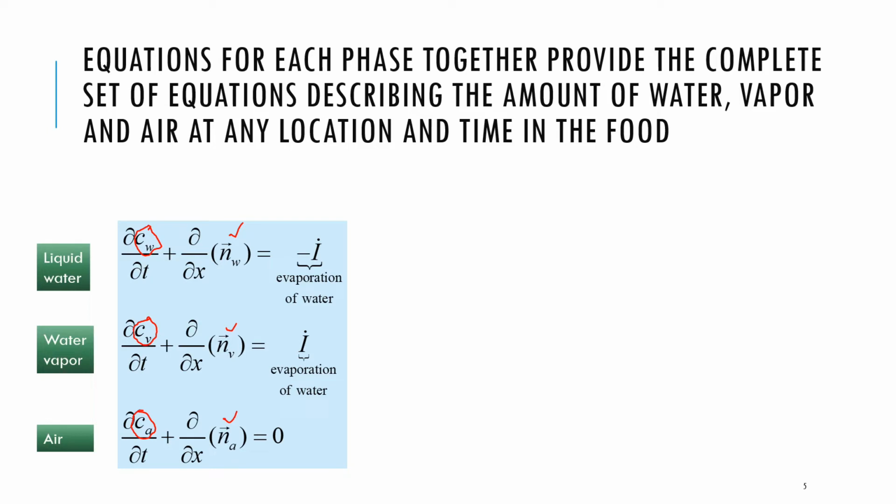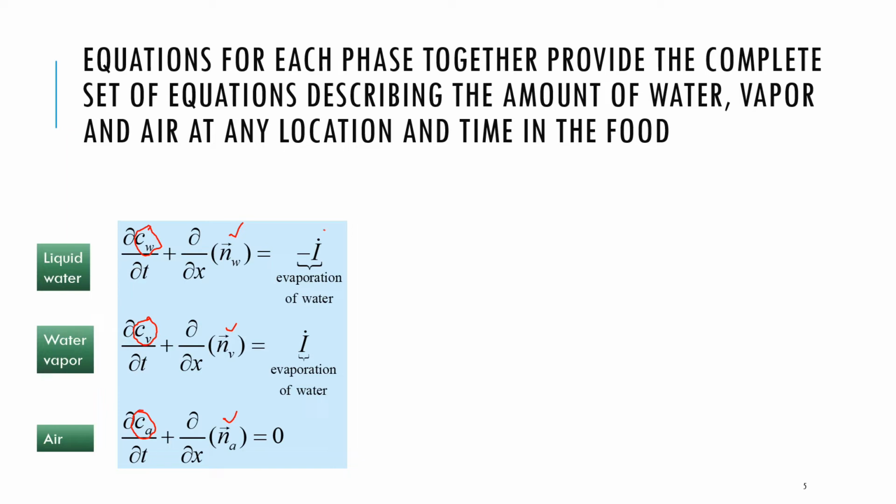These fluxes include diffusive and convective as present. We are keeping them implicit now because for each one of these phases the mechanisms are different. We're going to bring those details together with the mechanisms.